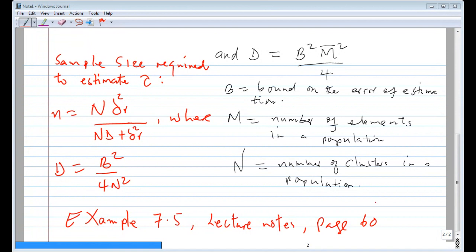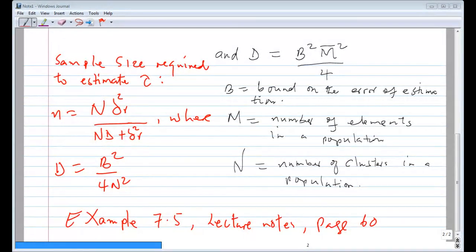Remember, it's a continuation of example 7.2, if you still recall, because here it refers us to table 7.2, and table 7.2 is from example 7.2 on page 58.